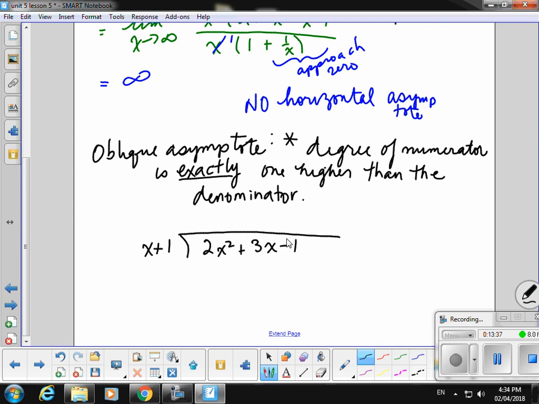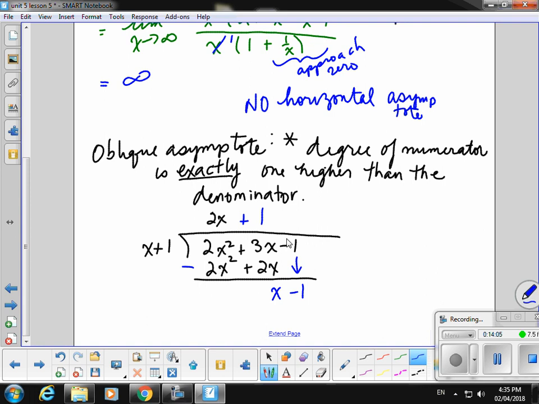X goes into 2x squared, 2x times. 2x times x is 2x squared. 2x times 1 is 2x. I hope you did long division in grade school. I subtract these two, I end up with x. Bring down the negative 1.